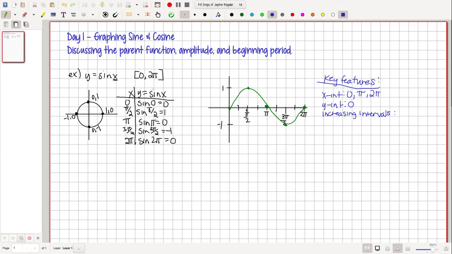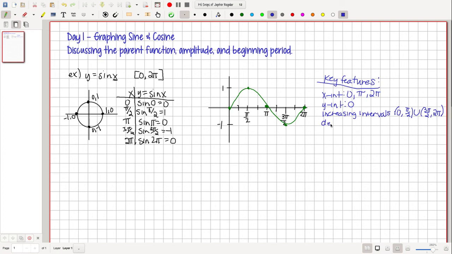So I'm going to put 0 to pi over 2. So increasing from 0 to pi over 2. Union with, okay, and then right here it's going to go down, and then at 3 pi over 2, it's going to start increasing, and then this one will stop at 2 pi.